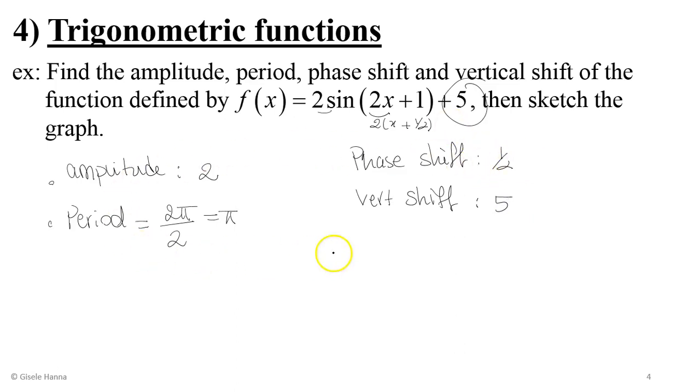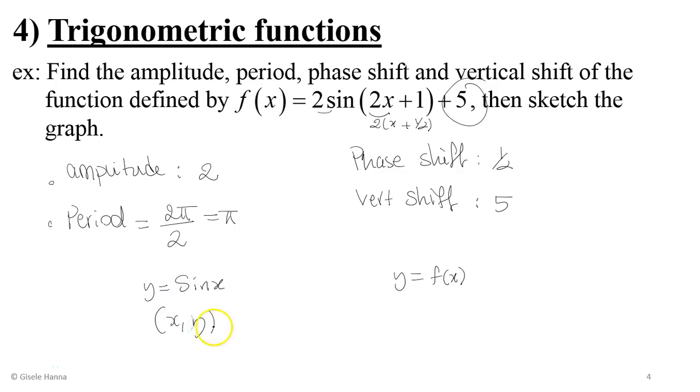However, some people could be using this info in order to graph or sketch the curve, but I would rather personally do it using the transformations. So if we were to start with y equals sine x, and then to reach y equals f of x, how would the transformation happen?